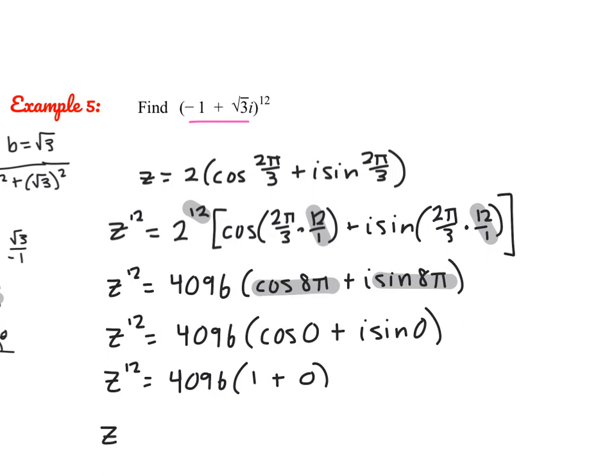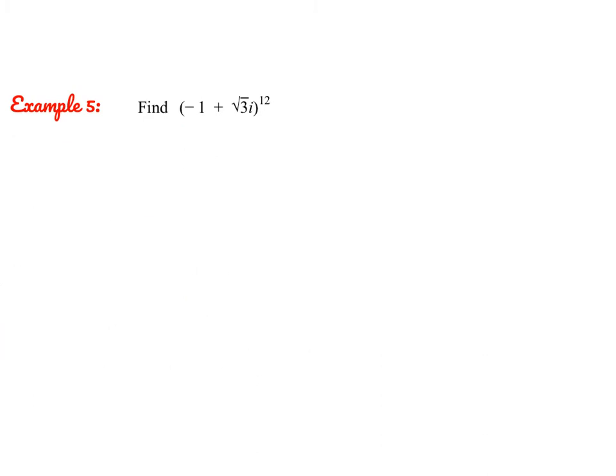So z to the power of 12 is just 4,096. So this is certainly something where using this theorem can save you a ton of time. It will help you avoid small mistakes, and it's just much, much easier. So if you ever see a complex number raised to a power, write it in trig form and use De Moivre's theorem.